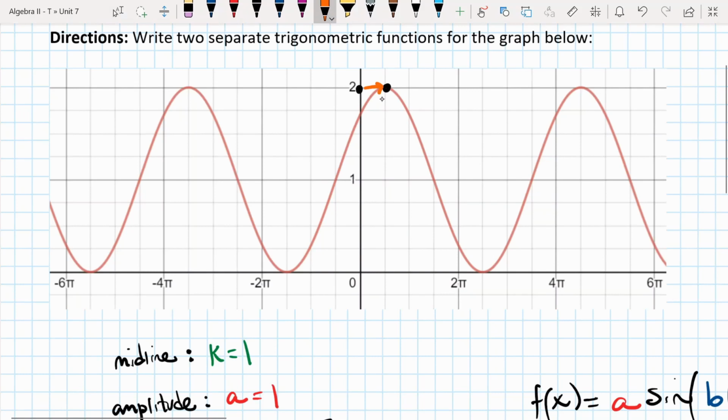So remember, if it starts at the top, it's a positive cosine function, and then we're shifting to the right pi over 2, which means we're going to be subtracting pi over 2 inside the trig function.